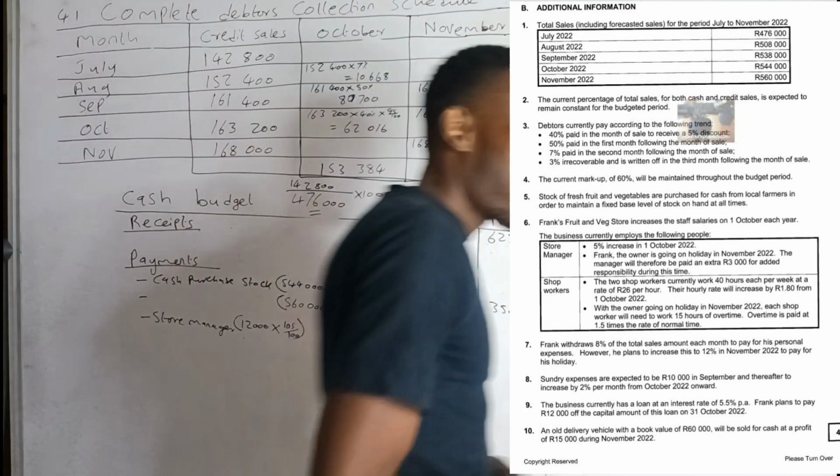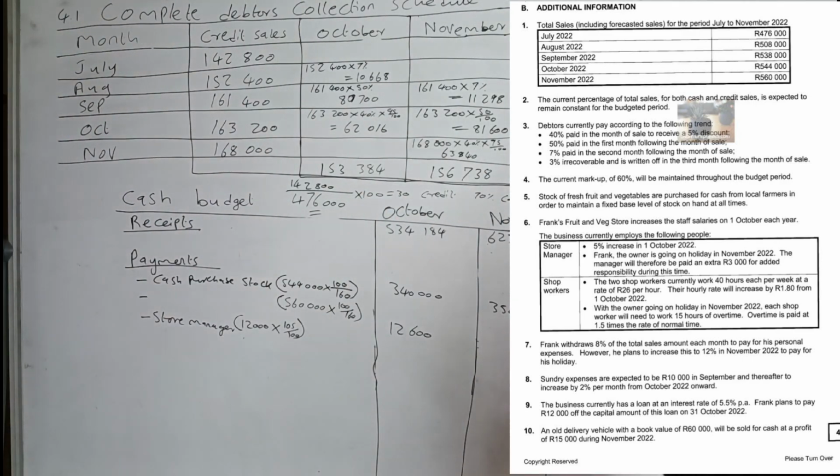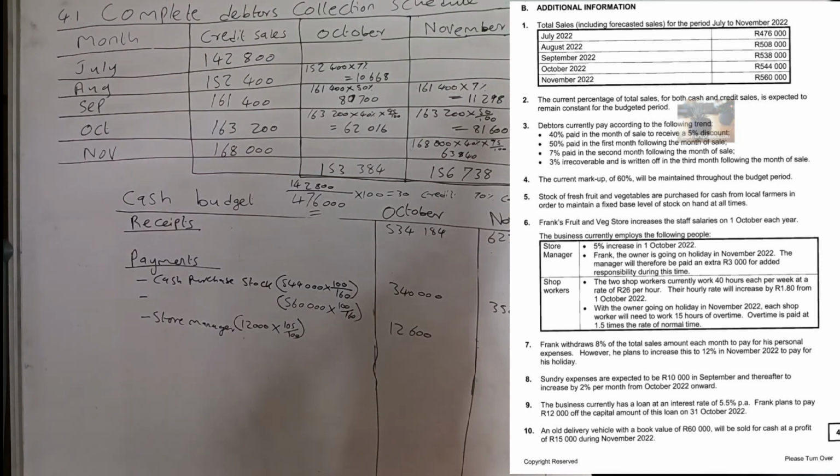12,600. Okay, then when we continue, they said Frank, the owner, is going on holiday in November, and the manager will therefore be paid an extra 3,000 to be responsible during this time.